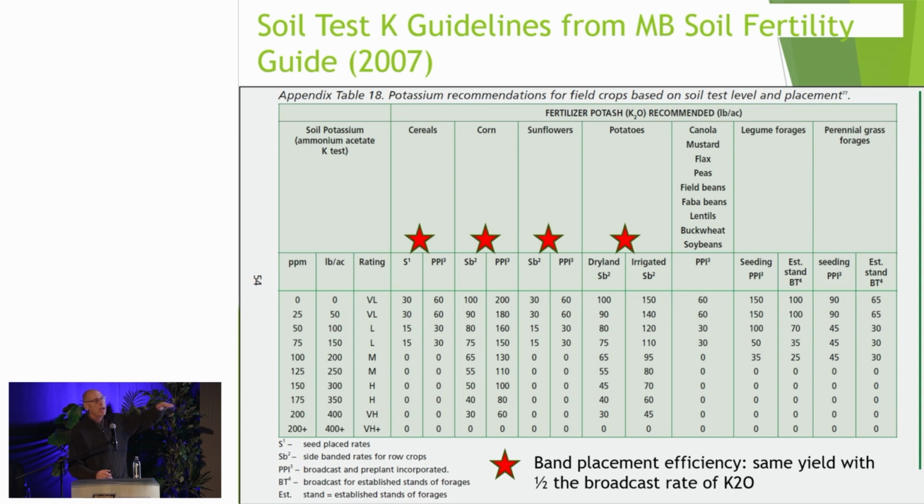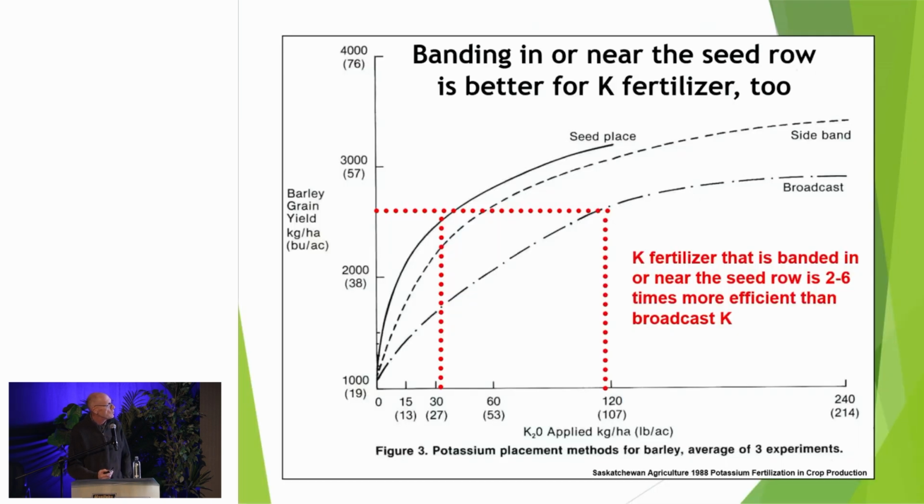They're probably going to help move your soil test levels up quicker into a better working range. But if you're looking for just crop response in the year of application, the band efficiency can give us about the same yield with half the rate of applied potassium. So if you're looking for a cost-saving measure, banding is the approach that can do that with potassium. You have some of these classic studies done.